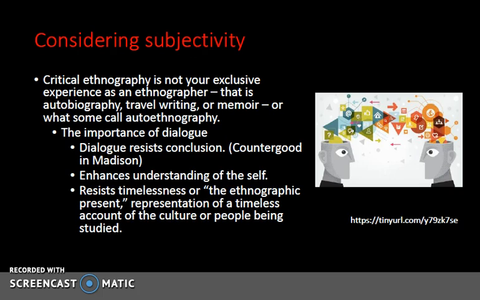What Madison highlights here, and what others have highlighted before, is this idea of intersubjectivity, and how this is produced, how meaning is made in relationship, and understanding the self is made in the context of understanding ourselves in relation to others.